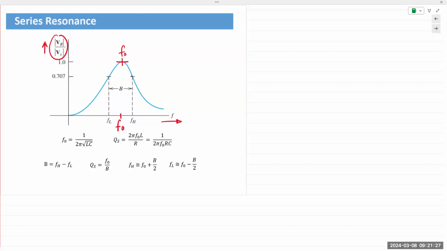So maximum voltage would occur at the resonant frequency f0. For all other input frequencies, the voltage would be less than the max. On either side, if you increase the frequency, it'll start decreasing in this direction. If you decrease the frequency from f0, it'll start decreasing on the left-hand side. And hence, this circuit works as a band pass filter.